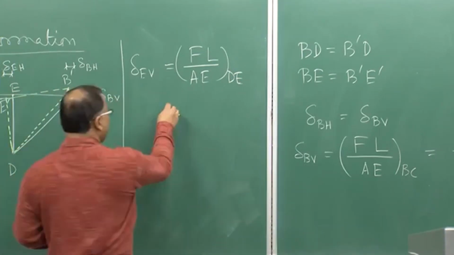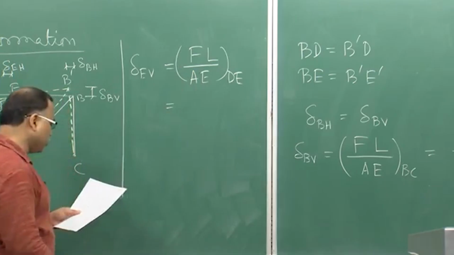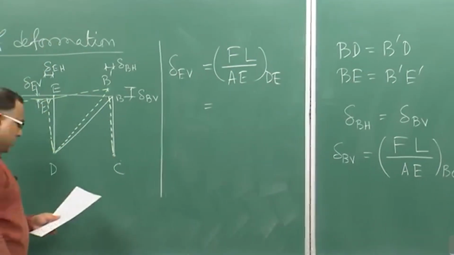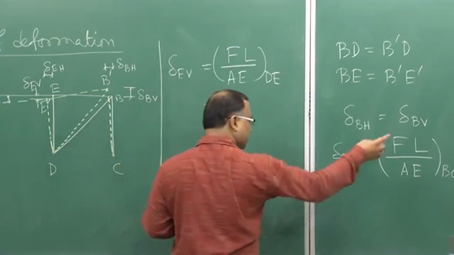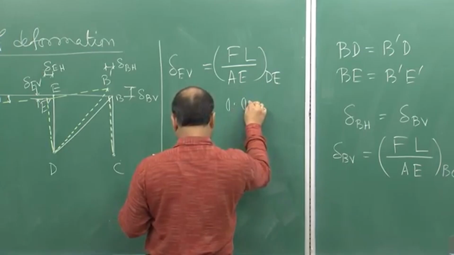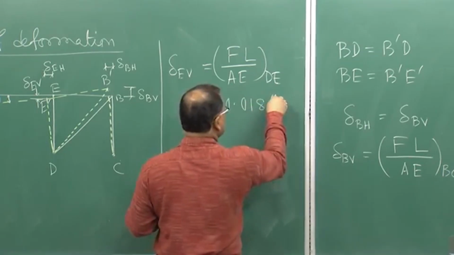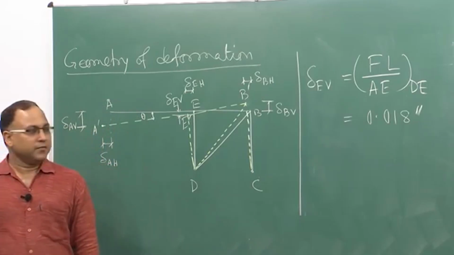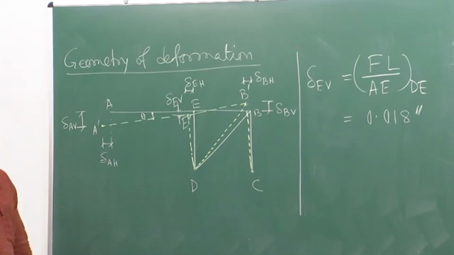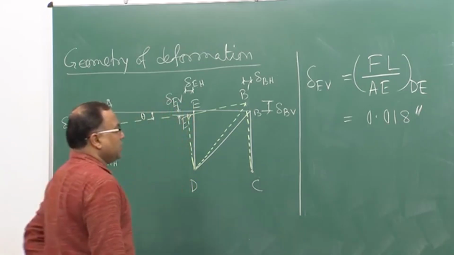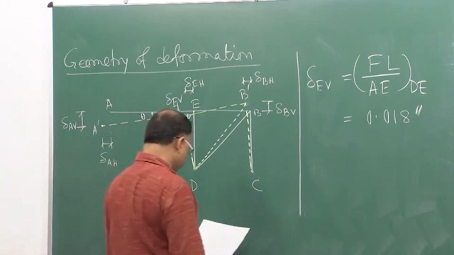If you put in all the values, the magnitude of force carried by DE is 15,000 pound, and with all the numerical values you will get 0.018 inch. This double dash sign is for inch, I hope you know that. So I have got delta BV and delta EV.